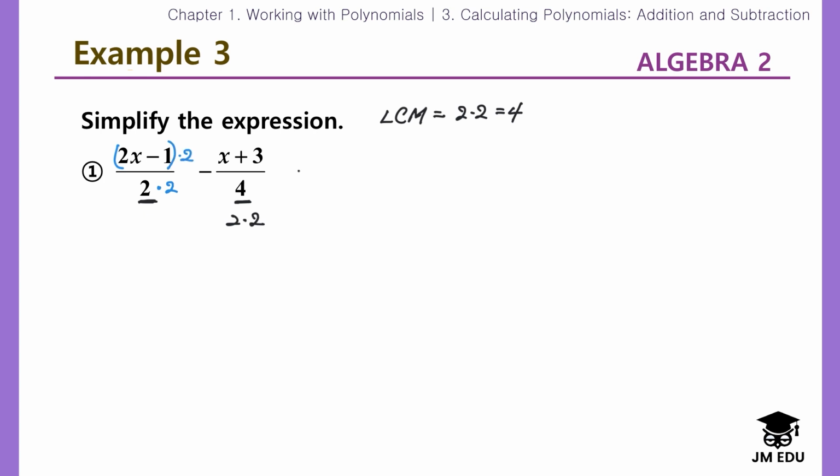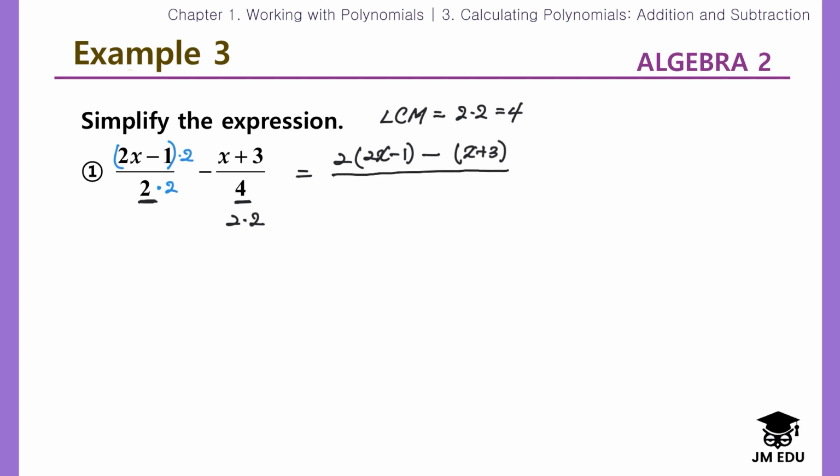So number 1 is equal to 2 times (2x minus 1) minus (x plus 3), right? This minus applies to this term and this term, okay? So when we write the numerator, we have to use parentheses, okay?